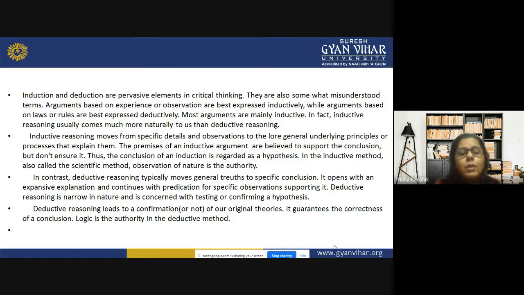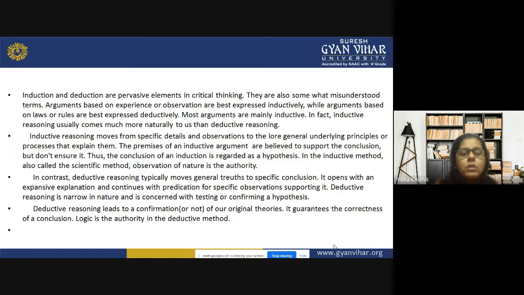The inductive method is also called the scientific method, in which we frame some hypotheses, and on the basis of those hypotheses we collect some data, and on the basis of that data we come to some conclusion. Observation of nature is the authority.